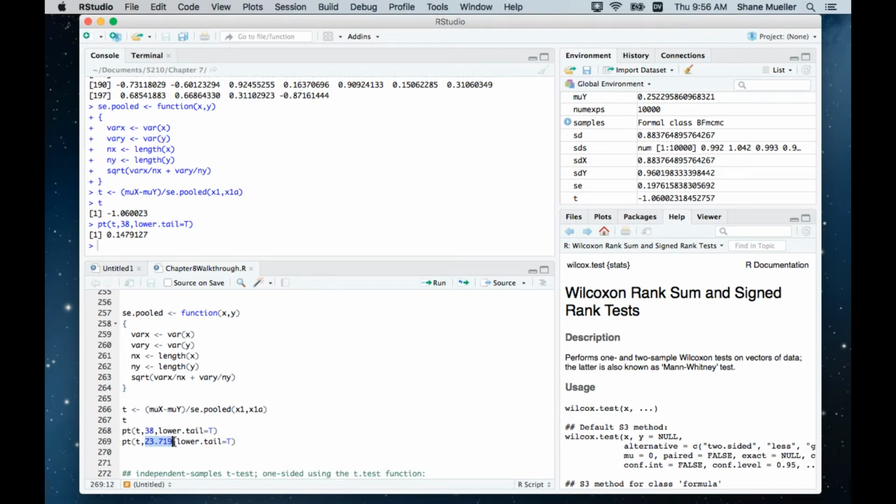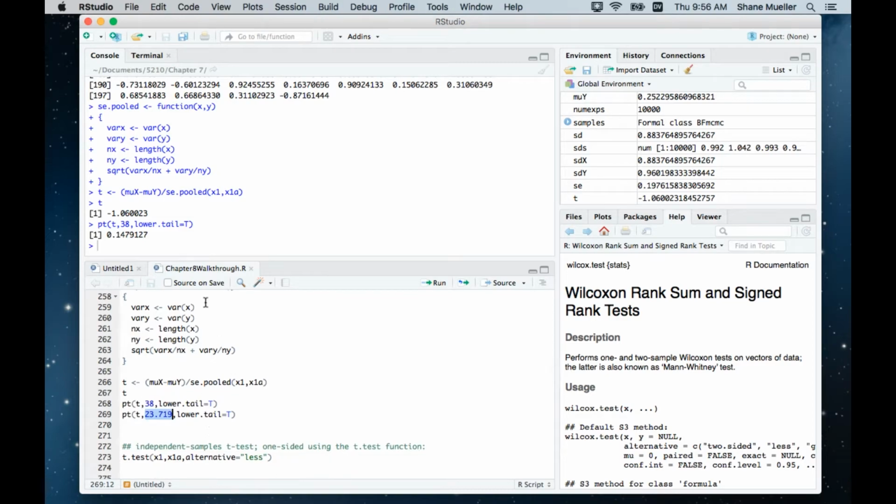And we'll look at this in just a second. Okay, so here I would say it's not significant. t on 38 degrees of freedom is equal to negative 1.06, or 1.06. Unless you're doing a one-sided test, the absolute value really doesn't matter because the t distribution is symmetric.